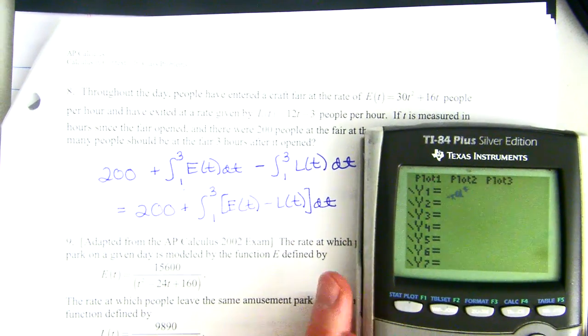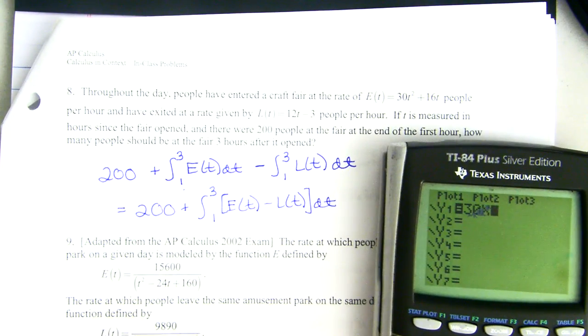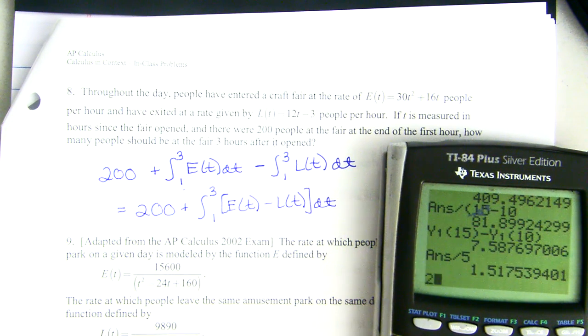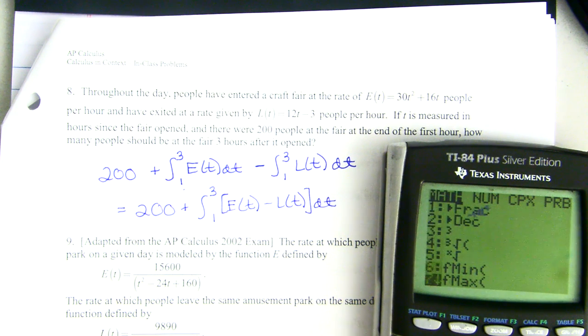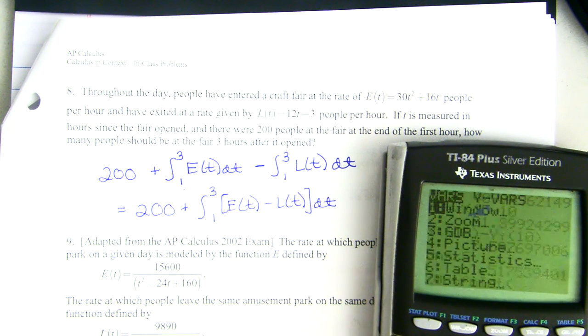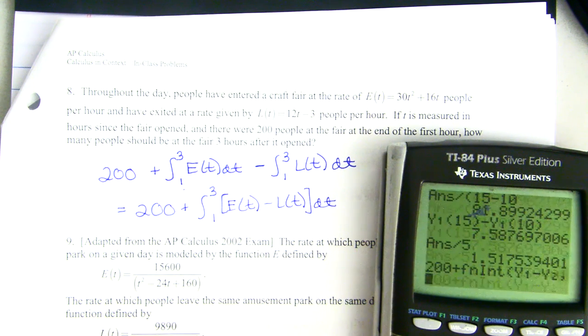Under y1, I'm going to store E of t, 30t squared plus 16t, and I'm going to store 12t, really x, minus 3 in y2. And then when I go to type this in, I can say 200 plus fnInt of y1 minus y2, comma x, comma, I'm going from 1 to 3.